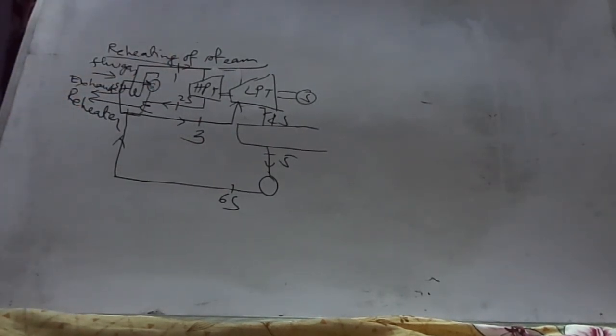Now, in the first step, steam expands in the high pressure turbine from the initial state to some intermediate pressure, process 1 to 2s. So steam expands to the intermediate pressure, 1 to 2s.